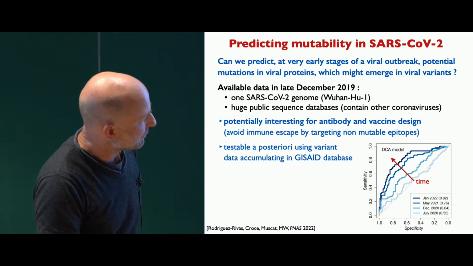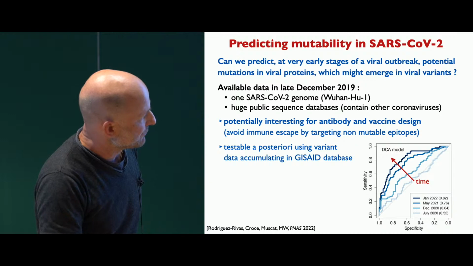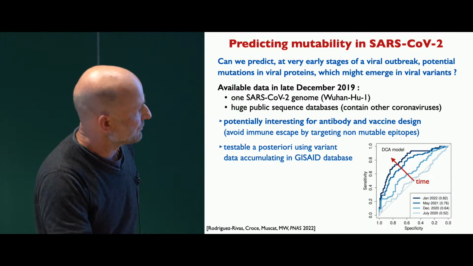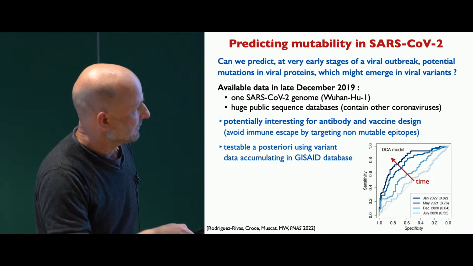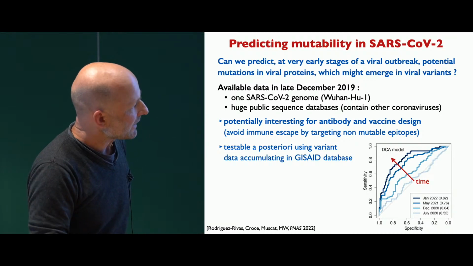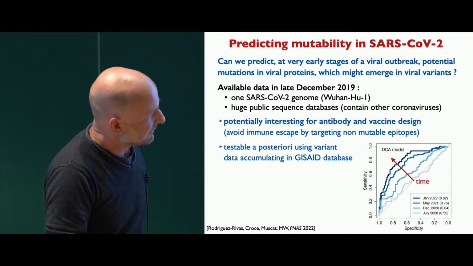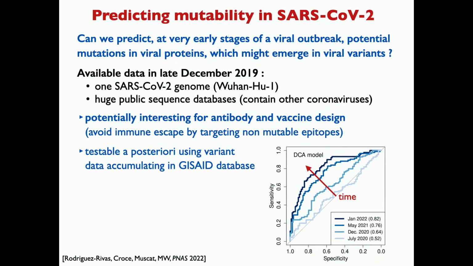It's a ROC curve, where random prediction would be the diagonal, and the perfect prediction would be vertical, horizontal. And you see here we have extracted from an existing database at different times. And if you look, the first extraction was in July 2020 when there was still very little data around. And you see it's basically like random. Why? Because the virus just did not yet explore the possible mutations.